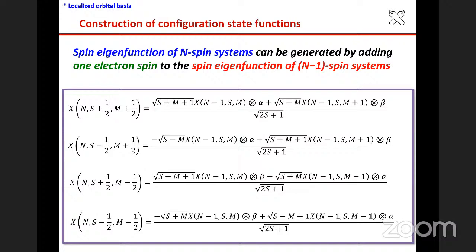So in order to generate the spin eigenfunction for the 2-spin system, we can use the spin eigenfunction for the 1-spin system and just add spin alpha or spin beta. Basically, we can generate spin eigenfunctions for an arbitrary number of spins with arbitrary total spin quantum number and also MS value.